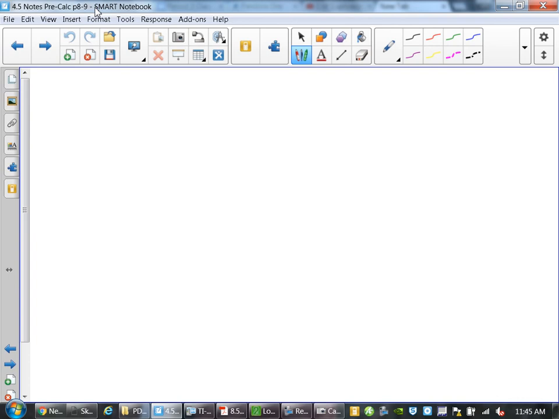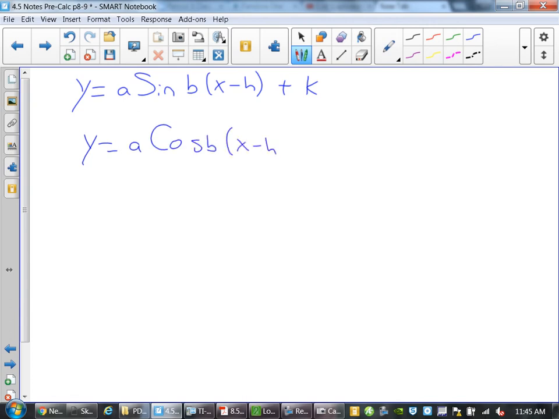So this is still 4.4 and 4.5, graphing shifts. So we have our y equals a sine b. Gee, what do you think H and K stand for?